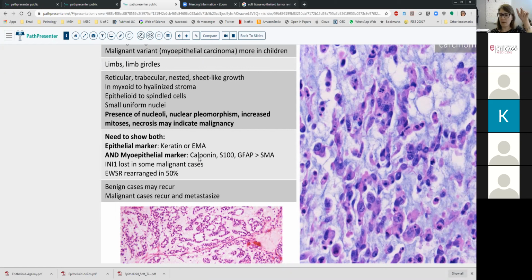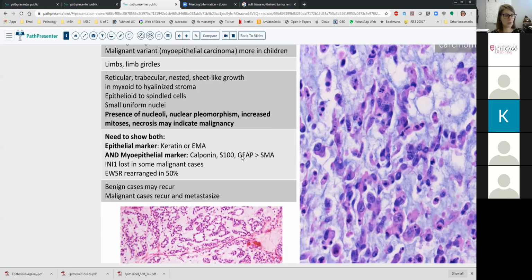So either muscly things like calponin or SMA, or myoepithelial things like P40, P63, S100, GFAP. You pick a keratin or an EMA and one of those bottom things, and you could put it in the myoepithelial neoplasm spectrum, okay?